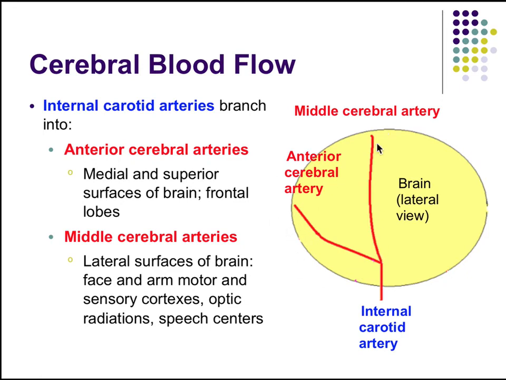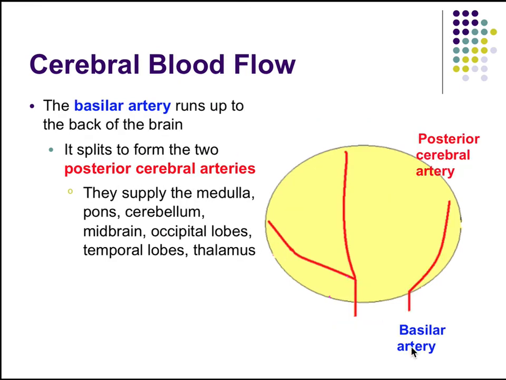The middle cerebral artery, again, there's two of them, one on each side, will bring blood to the lateral surface of the brain. So the speech centers, the sensory cortex, the motor cortex. Now, we still haven't brought blood to the back, so that's done through our basilar artery.